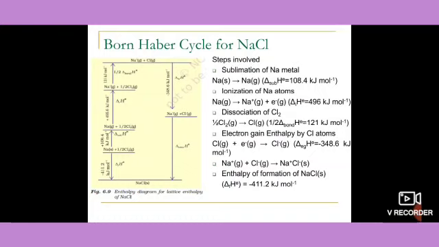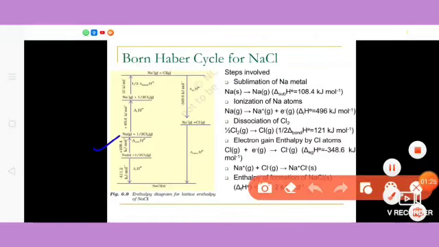The formation of sodium chloride involves certain steps. First, the sodium metal taken is sublimed to form the gaseous sodium atoms. This step requires 108.4 kilojoules per mole of energy.